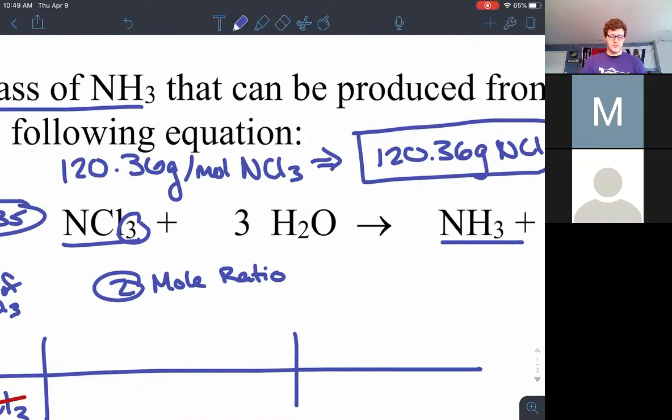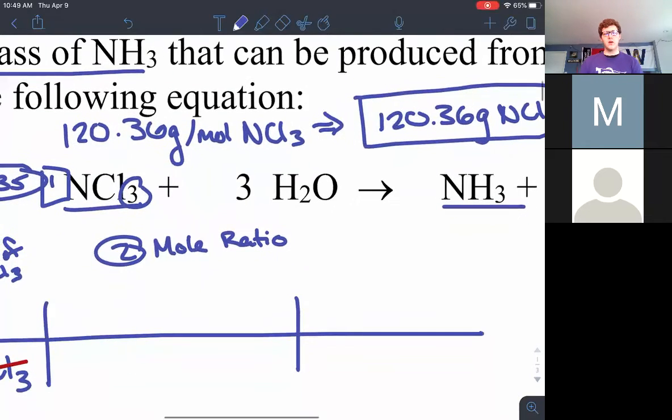Remember where to look? Just one, perfect. Because there's nothing in front, which means there's really a 1 in front, which means 1 mole of NCl3 is needed for this reaction to happen. And how many moles of NH3 are you going to make? You're going to make 1 mole of NH3.